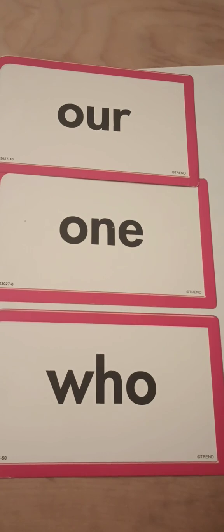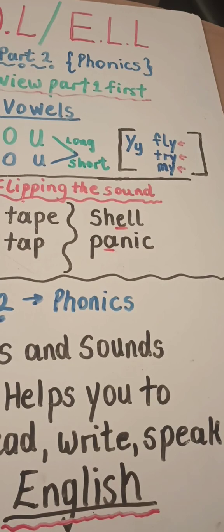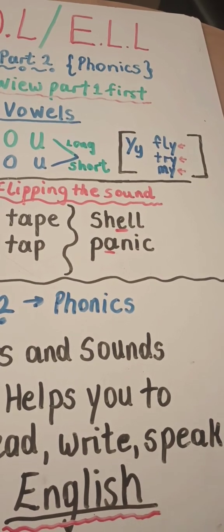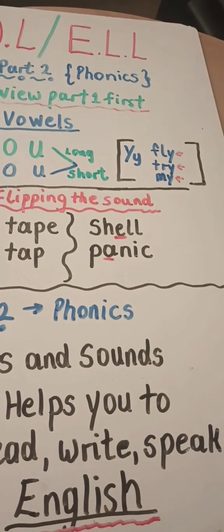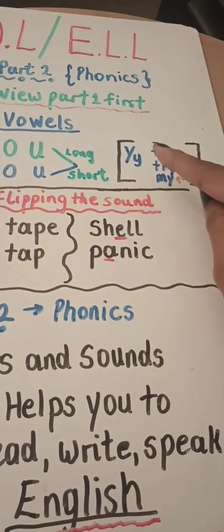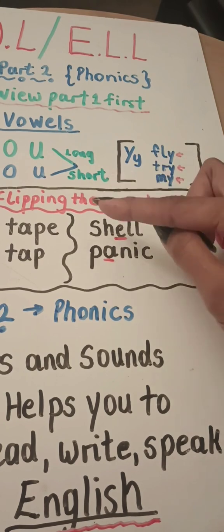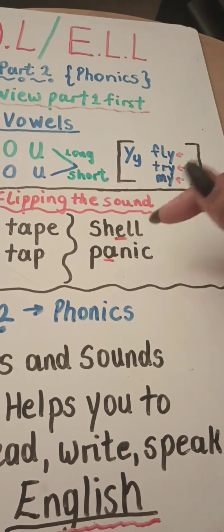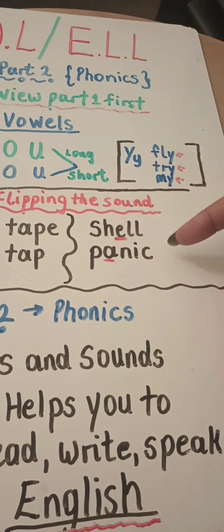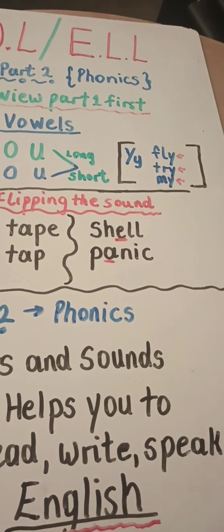Hour, one, and who. Go ahead and make a note of these words, pronounce them, write it down, use them in sentences. Let's do a quick recap on what we learned today. So we reviewed vowels, the sounds they make, traditional versus untraditional vowels. We also reviewed flipping the sound and what you need to do in that area.